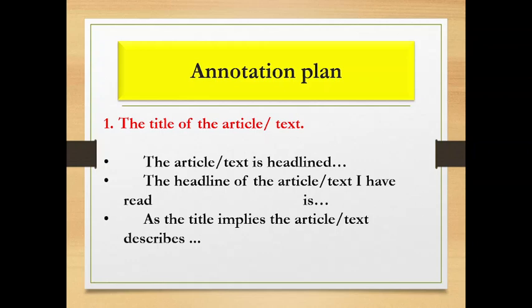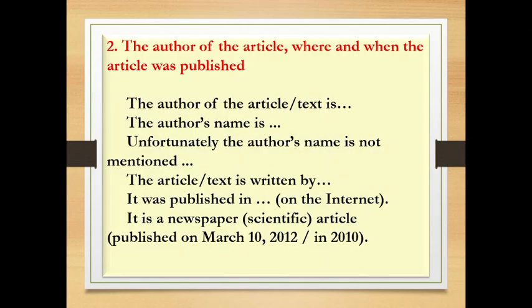It's not so hard. Second, the author of the article, where and when the article was published. The author of the article text is... The author's name is... Unfortunately, the author's name is not mentioned.